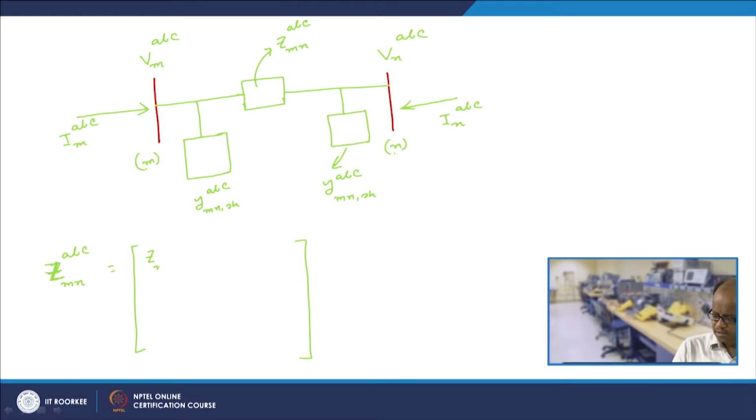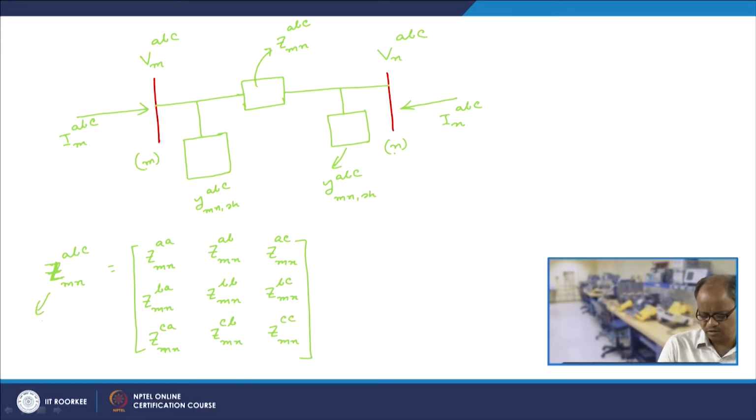So, this we write as Z_MN^AA, this is Z_MN^AB, this is Z_MN^AC, and similarly this is Z_MN^BA, Z_MN^BB, Z_MN^BC, and lastly Z_MN^CA, Z_MN^CB, and Z_MN^CC. So, please note that this is a 3 cross 3 matrix, and these quantities are individual impedances.